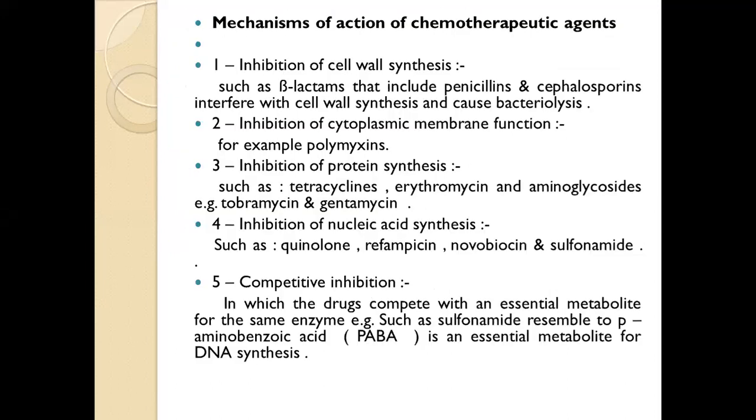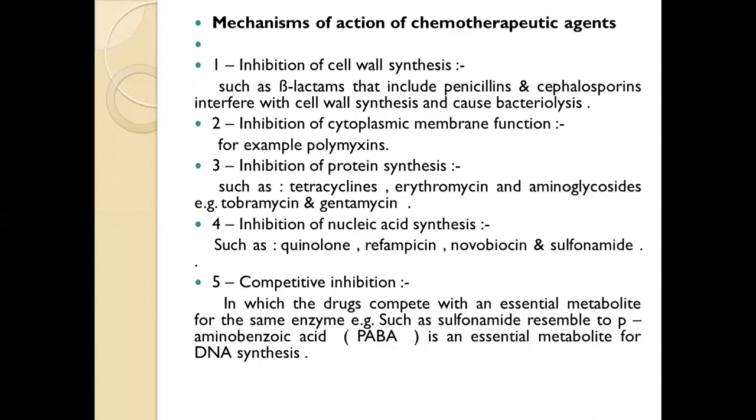Now we study the mechanism of action of chemotherapeutic agents or antibiotics. The first and most important mechanism is the inhibition of cell wall synthesis, such as beta-lactam drugs that include penicillins and cephalosporins.